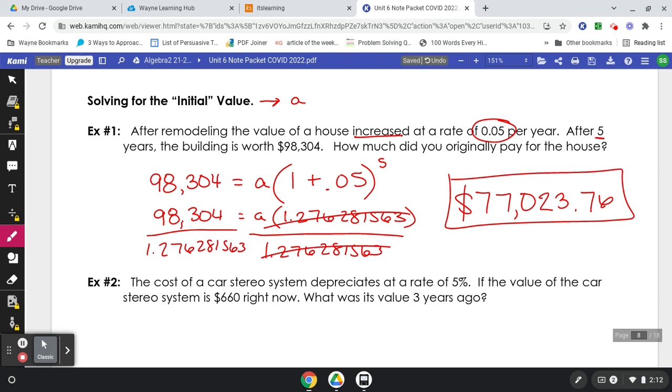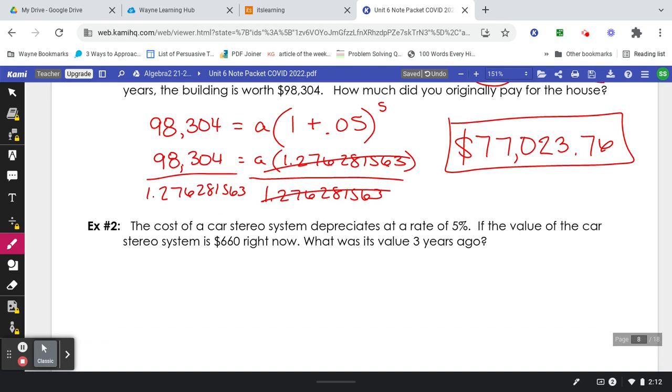All right, the next one. The cost of a car stereo system depreciates, goes down in value. It's worth $660 right now, we don't know how much it was to begin with. It is depreciating 5%, 0.05, and 3 years ago.